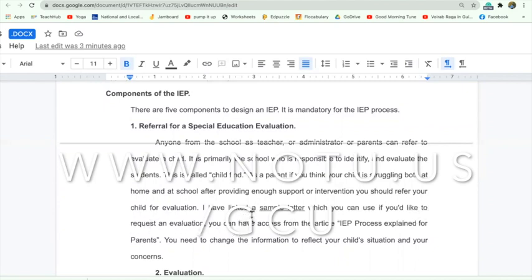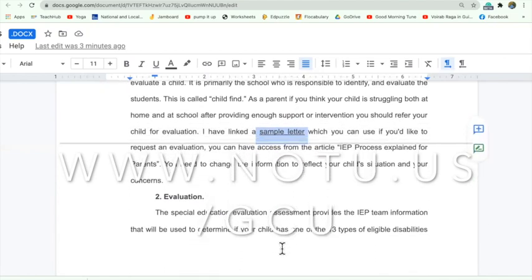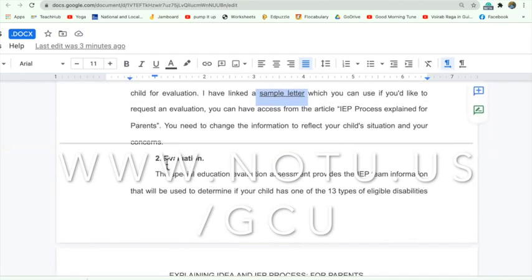You can have access from the article "IEP Process Explained for Parents." You need to change the information to reflect your child's situation and your concerns. You just need to change the information from the sample letter.